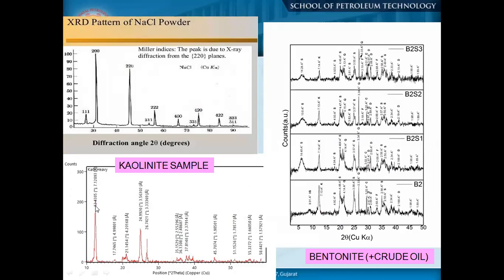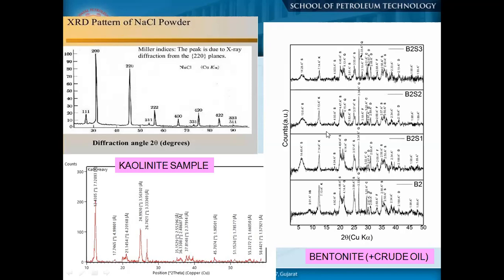Initially this is a dominant clay sample, and other minerals are also there: 26 is quartz, and we have feldspar. So in a mixture sample we can also identify the different minerals present, and I'll discuss afterwards how the intensity, particularly the area under this graph, is used to quantify the specific minerals present and their volumetric proportion.